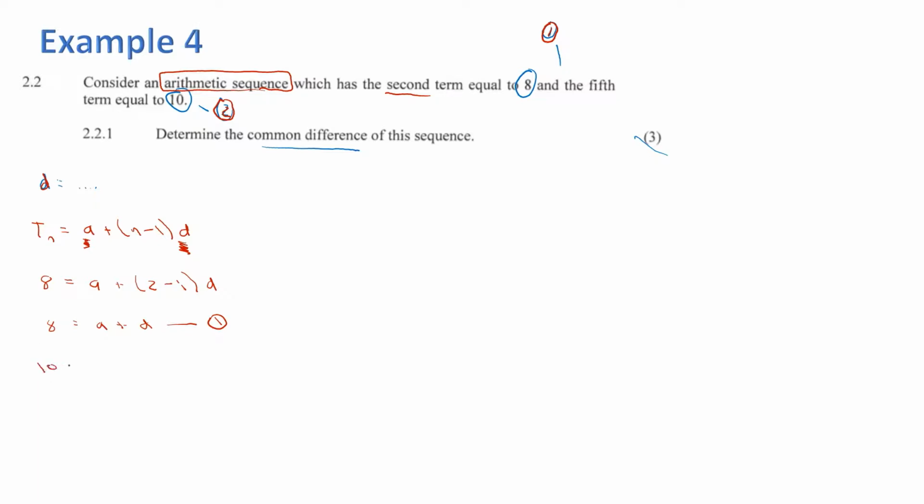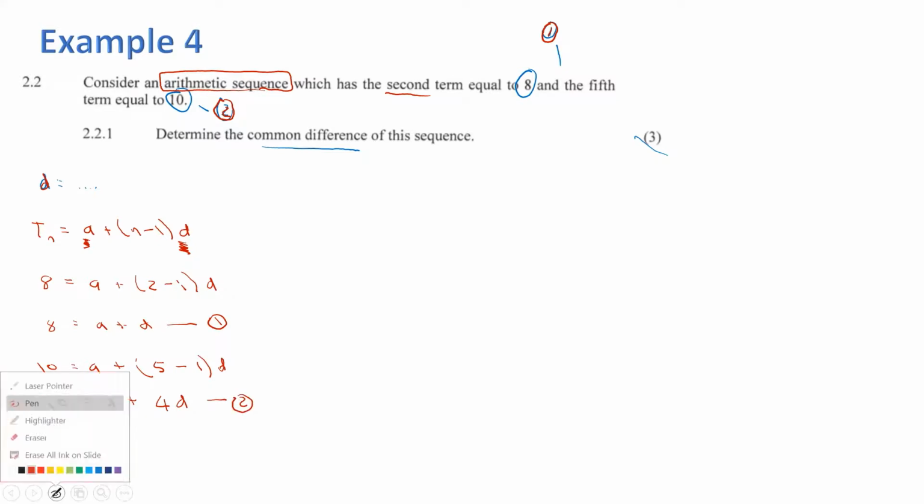So 10 equals A plus the fifth term, because now n equals 5, times D. Simplifying this a bit, 10 equals A plus 4D. That's equation 2. I'm going to rewrite equation 1 now.